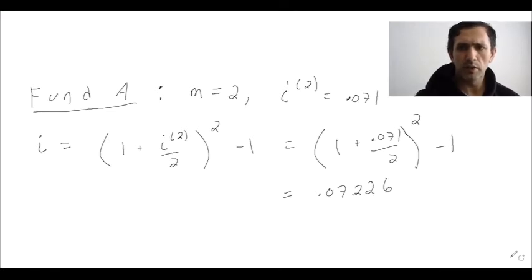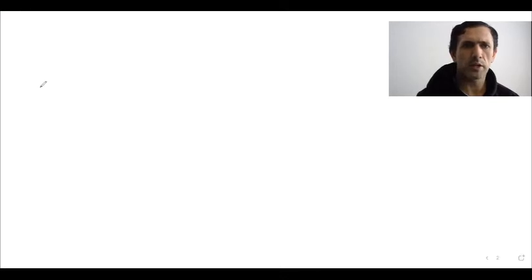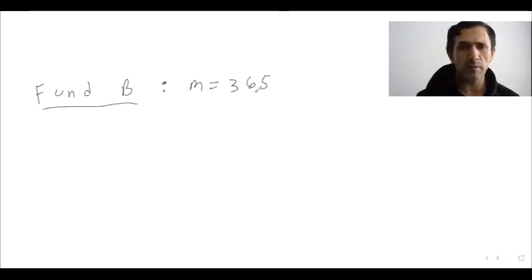All right, so let's go to another page for Fund B, and we'll compare the two. For Fund B, interest is compounded daily, so m is 365. We're given that nominal daily interest is 7%, so this is 0.07.